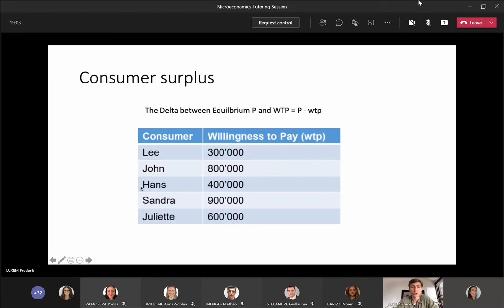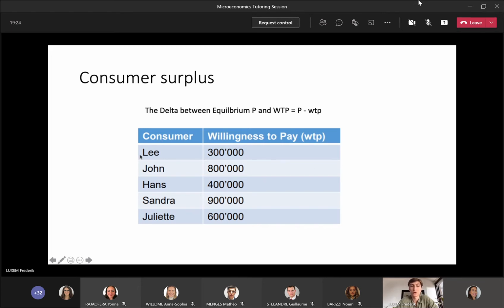So a consumer surplus is the difference between what the consumer is willing to pay and the actual price at equilibrium. So let's say the price here in this example for an apartment is 200,000, okay?